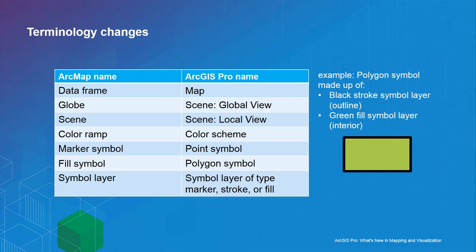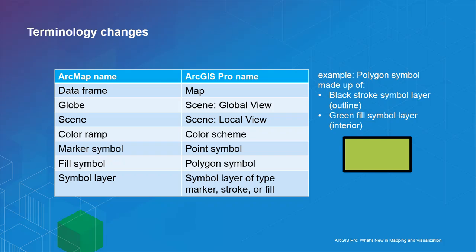So the last thing I'm going to mention here before I hand it over to David to talk to you a little bit more about layout and export and output is some terminology changes. And this is just so you can follow along as we use these terms in our demos. So I said we have a different symbol model, so some new terminology. In the symbol context, in ArcGIS Pro, we talk about symbols based on the type of geometry they draw.